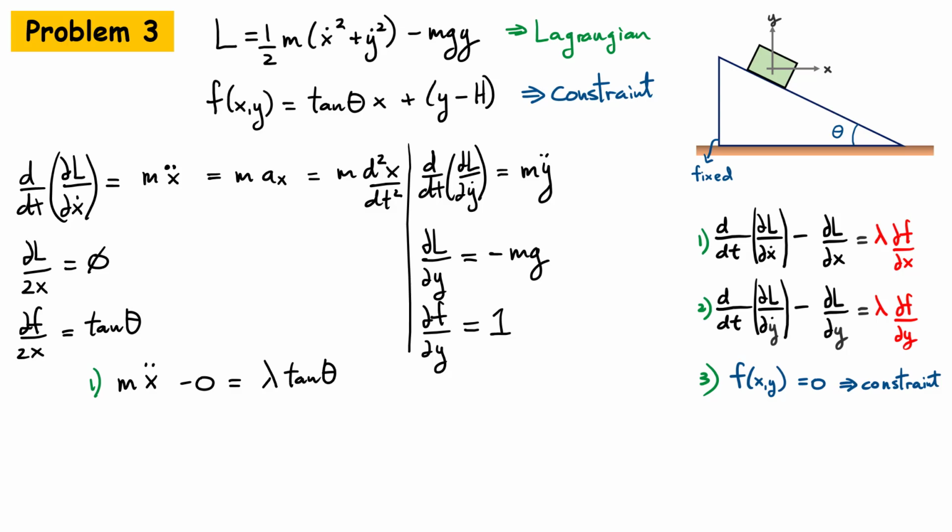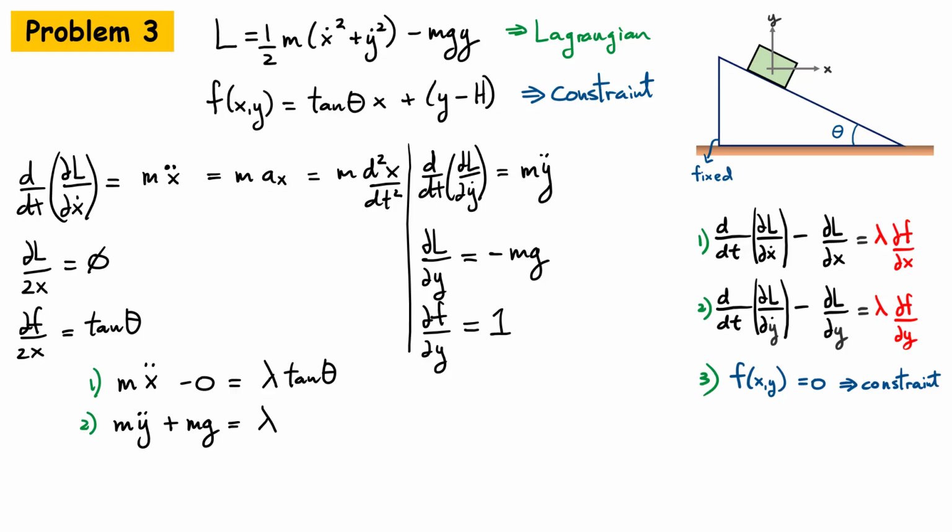Now the second equation, which is a little more complicated, but not too bad. m y dot dot, and now it's minus dL over dy. That turns this term into a positive, since it cancels that negative sign: mg equals, again, that same Lagrange multiplier lambda multiplied by 1.